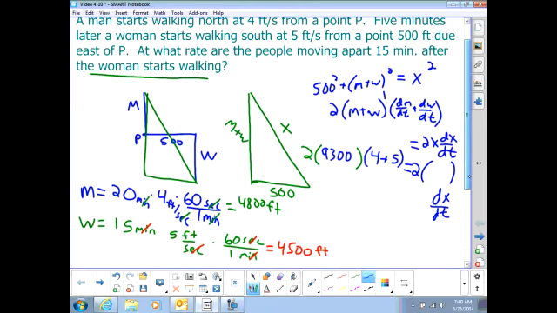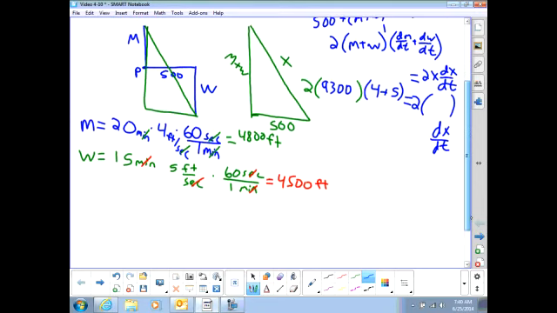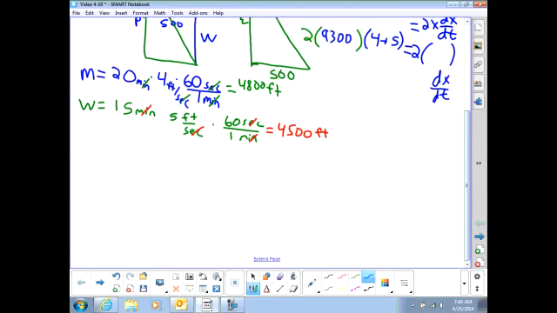Well, to find x, we're going to have to do Pythagorean theorem. We'll do that off to the side. We know that this base was 500. We found that the height here was 9,300, and we're finding x. So we'll do 500 squared plus 9,300 squared equals x squared.